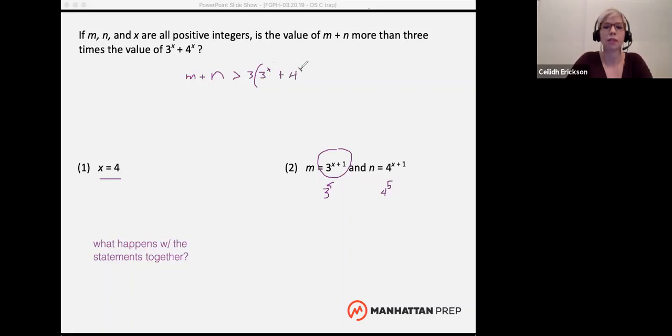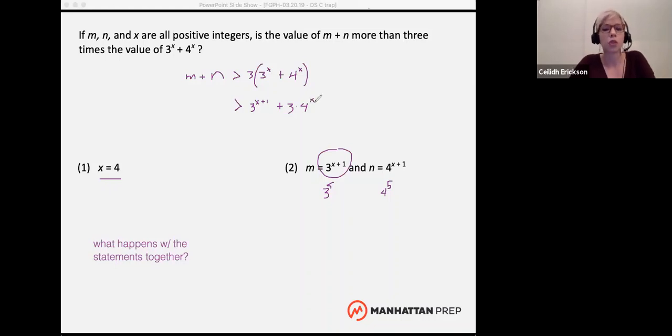Can we rewrite this? On this side of the inequality, 3 times 3 to the x, what would that give us? If we're multiplying with the same bases, we add the exponents. So 3 to the x plus 1. And then over here, that would just be 3 times 4 to the x. That's nothing special, but we could leave that as is.